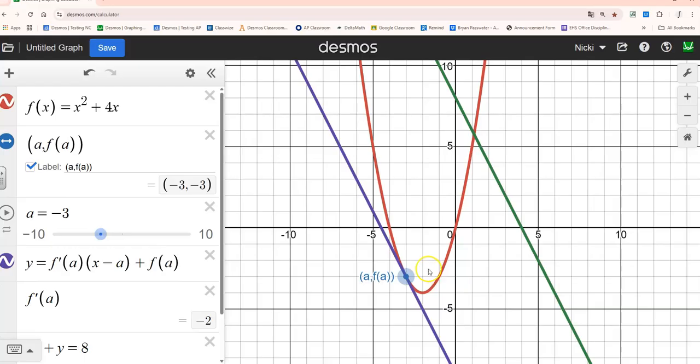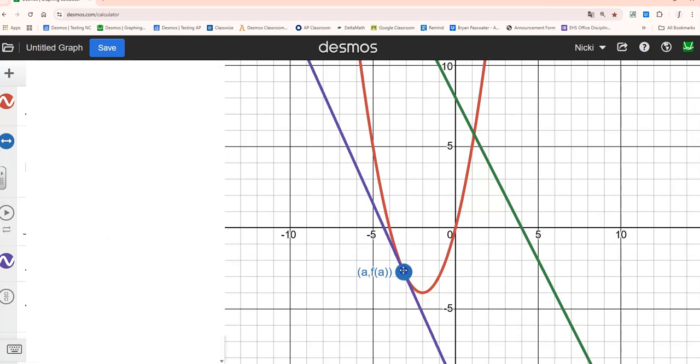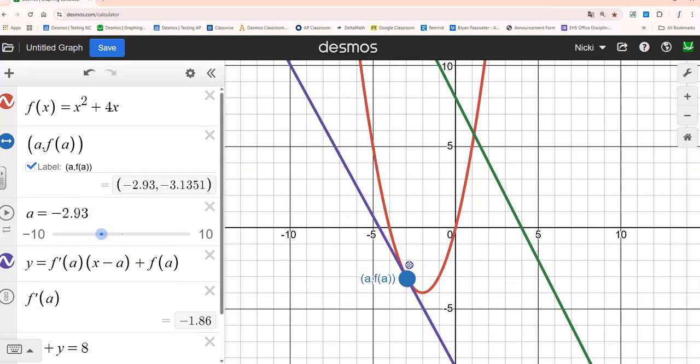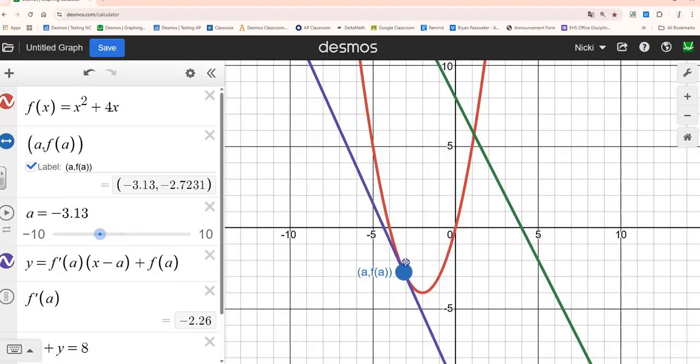I think -3 is going to be it because I think the slope of this graph is -2, and I think the slope of this graph is -2. So visually, if I've got that tangent line that I can move, I just move my point until the lines look pretty much parallel, right?